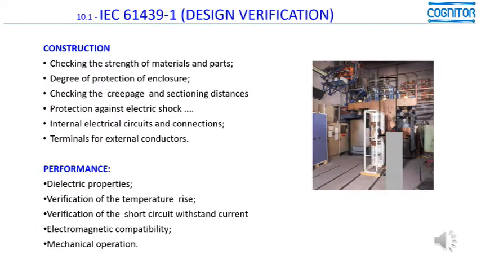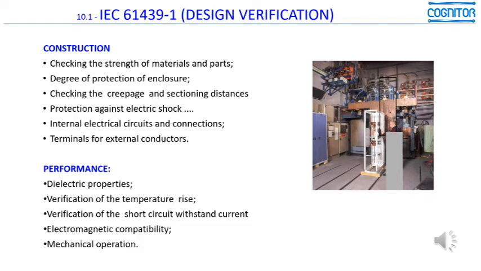Design verification according to IEC 6149-1, we need to check the equipment related to the construction and related to the performance. For construction, the basic concept of verification is to check the strength of materials and parts, the degree of protection of the enclosure, checking the creepage and clearance distances, protection against electric shock.